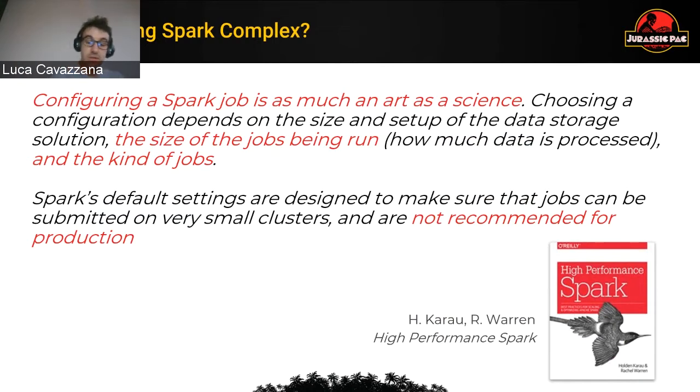Tuning Spark is highly sensitive to the data set and how it is distributed. In fact, changing how the data is partitioned, the dimension on which the data is partitioned, can dramatically change the performance of the application.